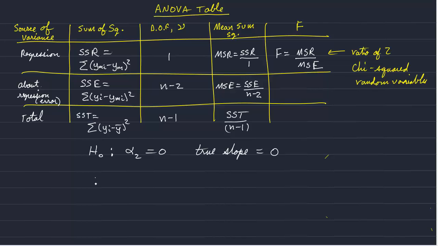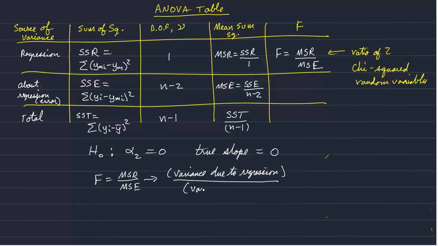And the test statistic is F, which again is the ratio of the variance due to regression over the variance due to misfit, or deviation about the regression.